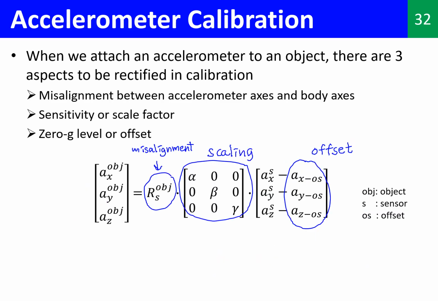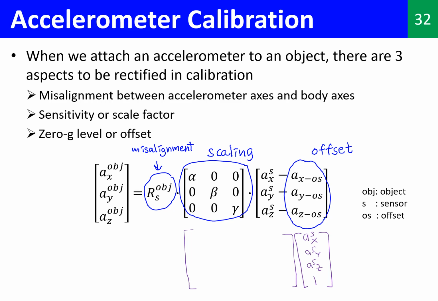We can do a nice improvisation and do something interesting if we use homogeneous coordinates. In homogeneous coordinates, we append a 1 to the raw sensor reading vector to make it 4 by 1. When we do that, the previous 3 by 3 matrix will be reshaped, and we are going to add another column that comes from the offset.